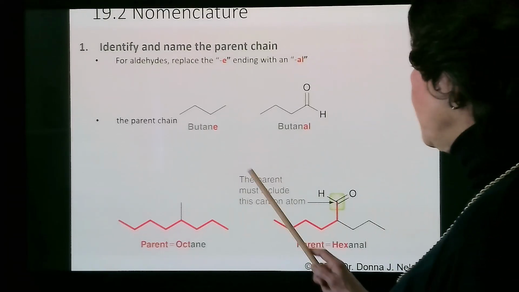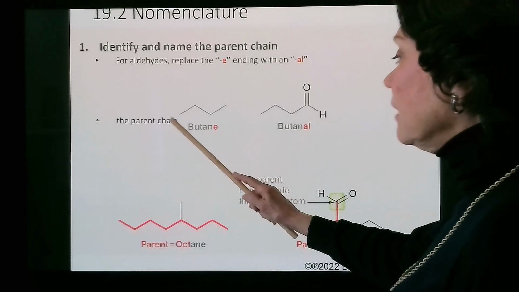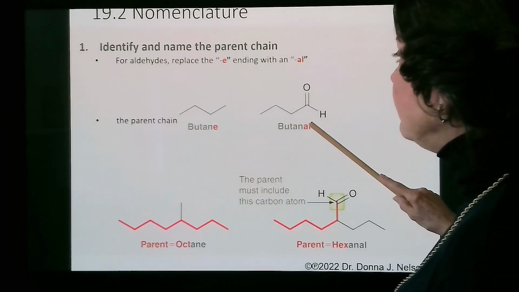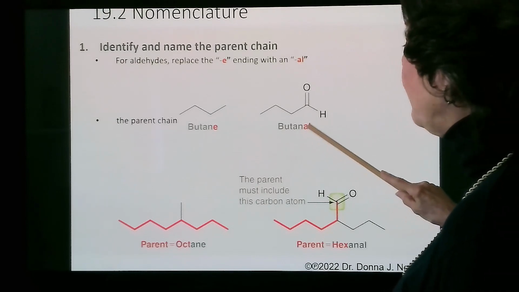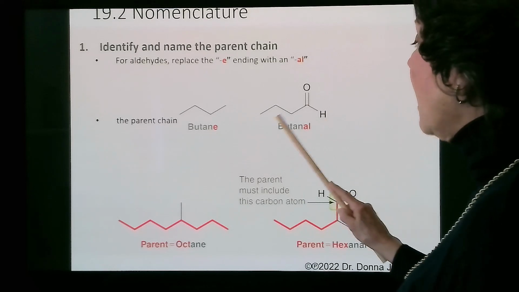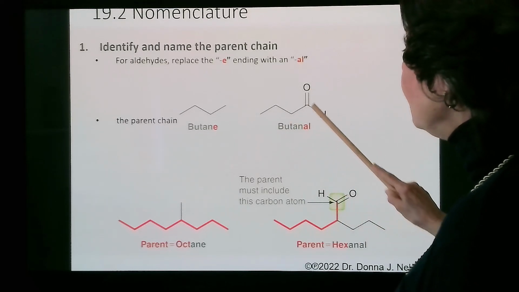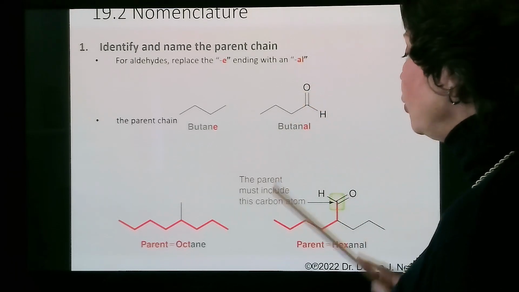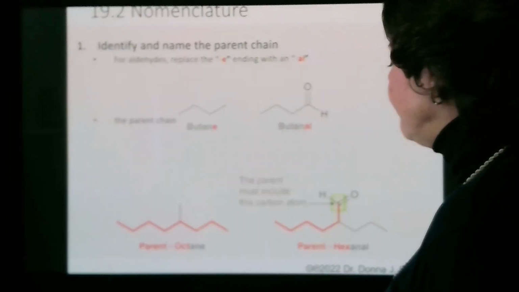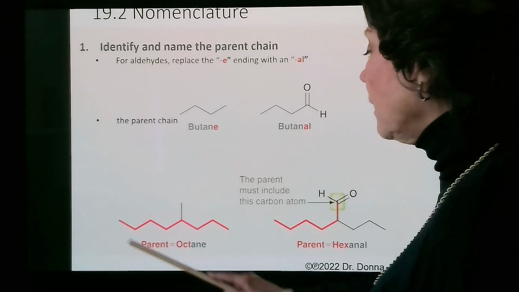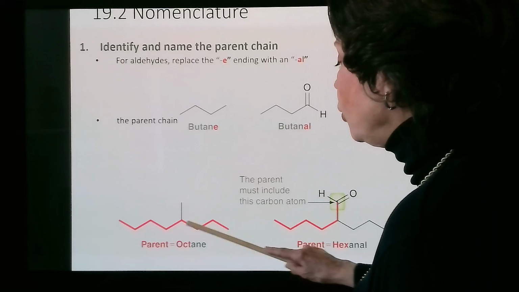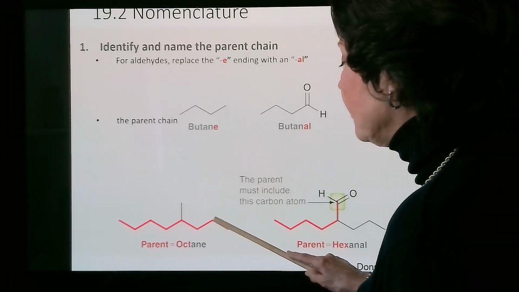So for example, here's butane. You simply remove the E and replace it with al to name the aldehyde. This is butanal. So here's your aldehyde functionality, and the al tells you that it's an aldehyde. Now normally, look at this parent group, this alkyl chain here, 1, 2, 3, 4, 5, 6, 7, 8.